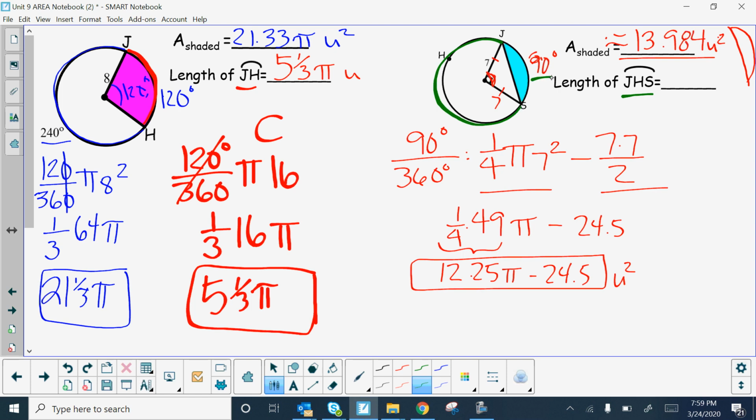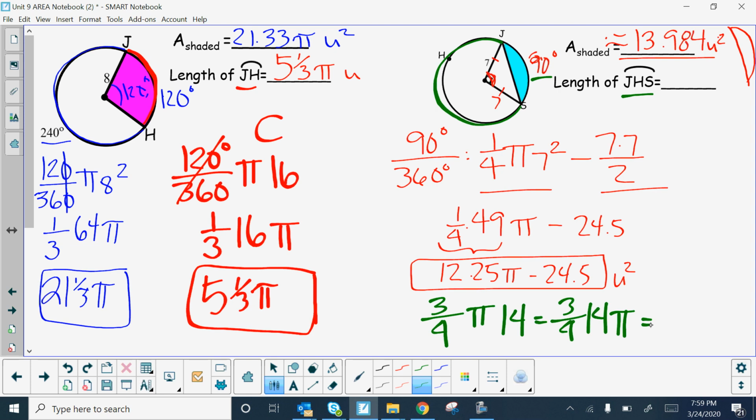270, because this piece over here is 90, which you should know is 3/4. So we're going to take 3/4 times pi times diameter, which the diameter is 14. So what's 3/4 of 14? 3/4 times 14 times pi.